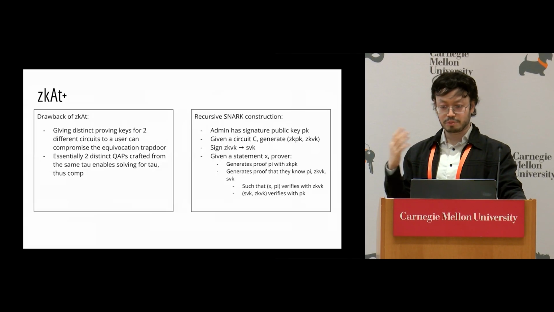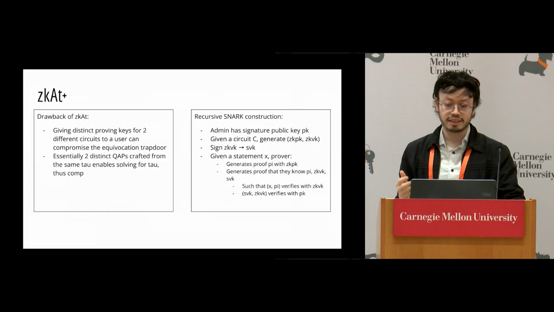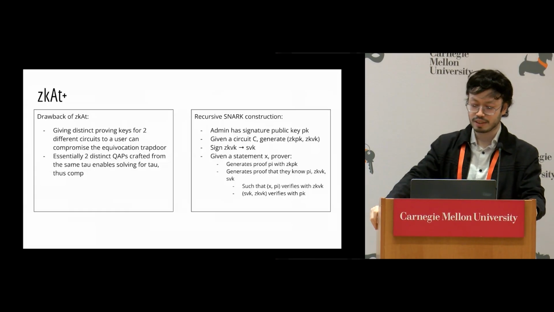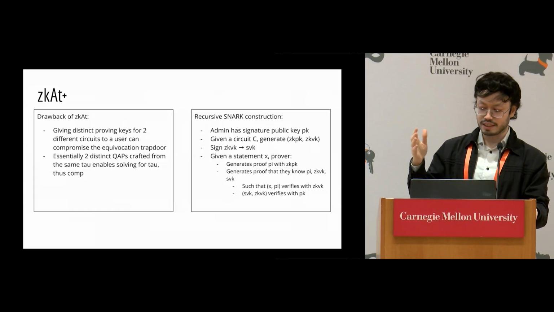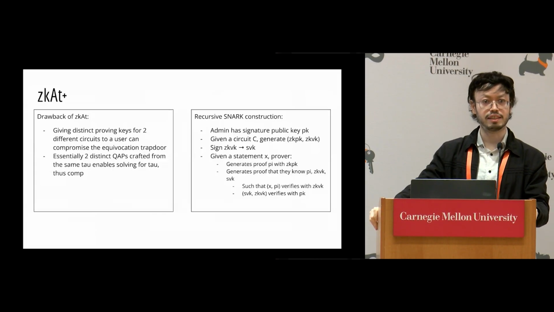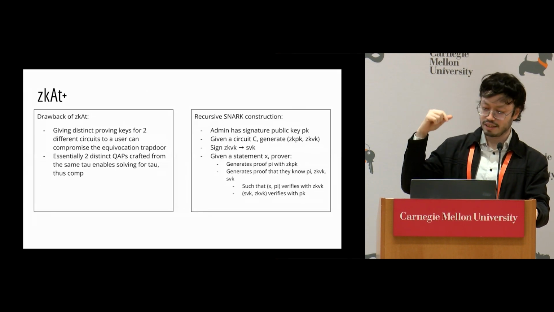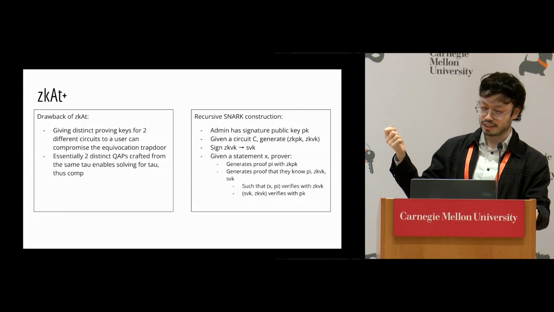Okay, and the way it proceeds is actually pretty simple. So let's say the policy admin has a signature public key, PK. Now, given a circuit, it generates standard zk proving key, zk verification key. It signs the zkVK with its key and gets a signature on the verification key.